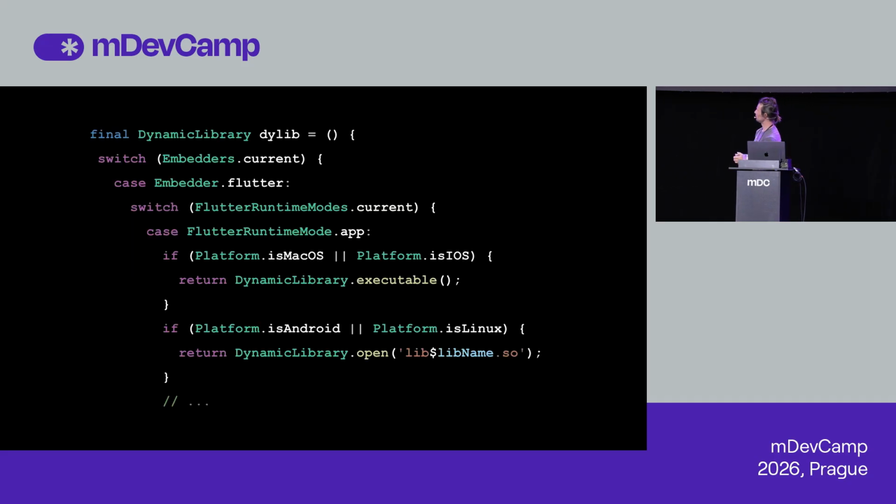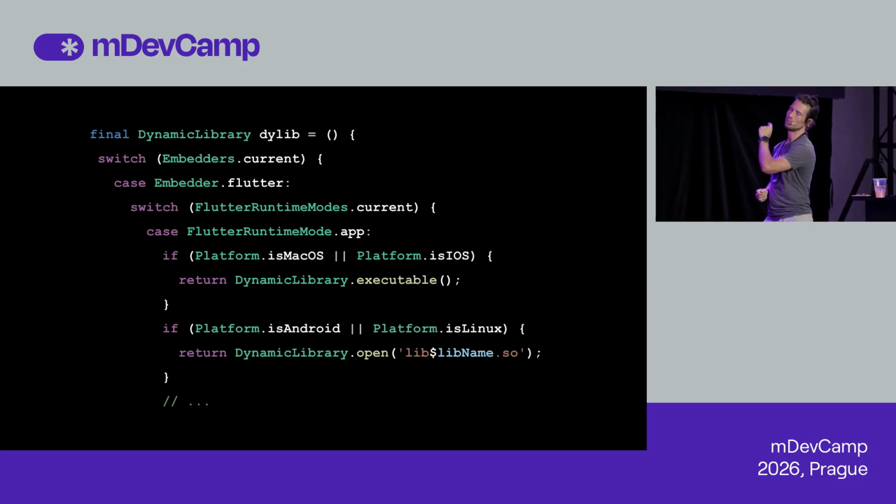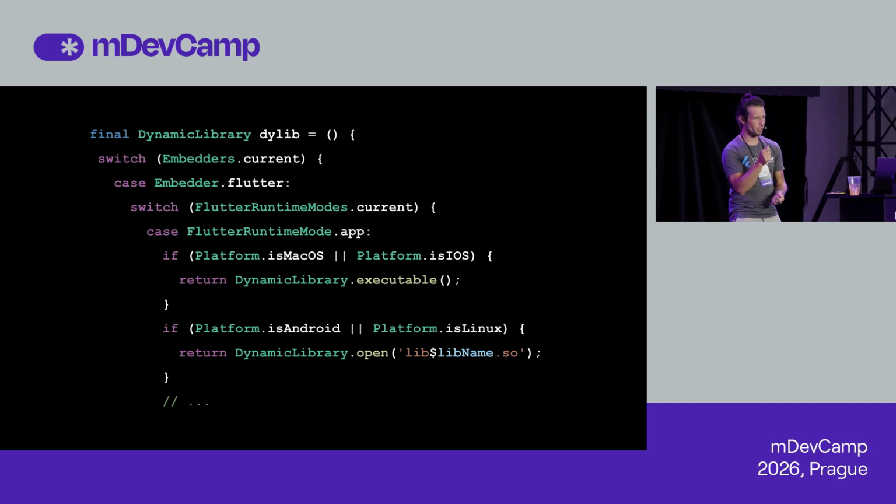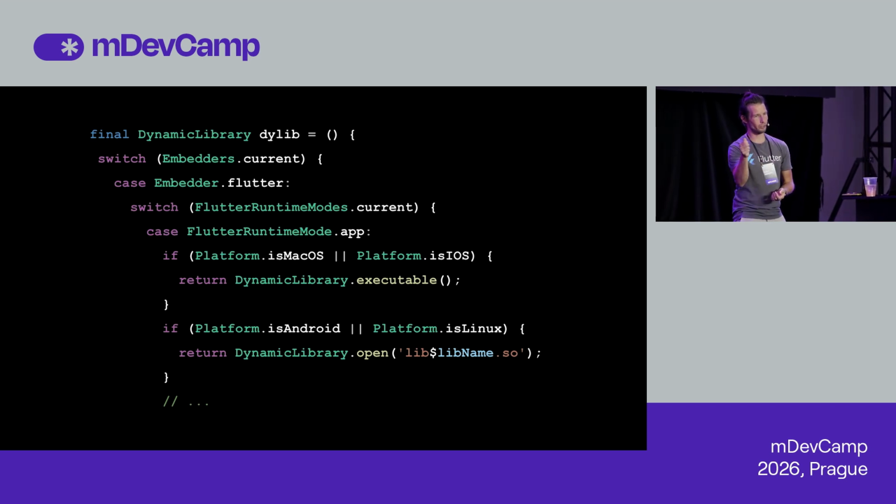And also, because it's in two different layers, your Dart code ends up looking like this. Basically, you have a switch. You say, am I in Dart or in Flutter? And if I am in Flutter, am I in the Flutter test runner, or am I running in a Flutter app? And if I'm running in a Flutter app, am I on iOS? And if I'm not on iOS, this is totally a code smell.